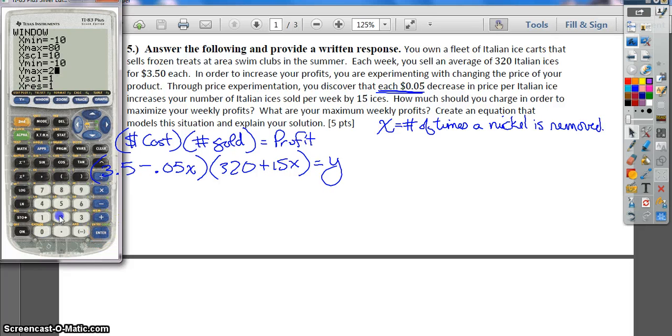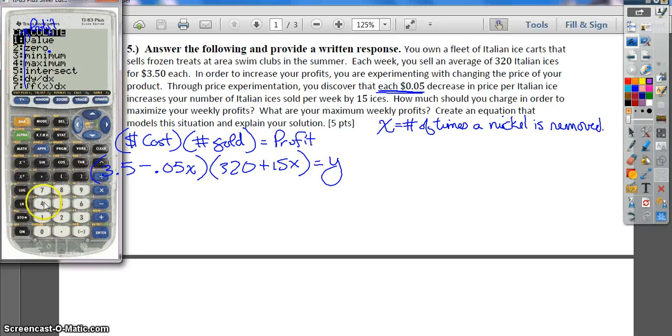My y max, I'll go up to 2,500 and make my scale 100. There's my parabola. So to figure out what your max profit is, think about it this way. This axis, remember, is your profit. So we want the highest point on this graph that we can find, which in this case is your vertex, and it's referred to as the maximum of the curve.